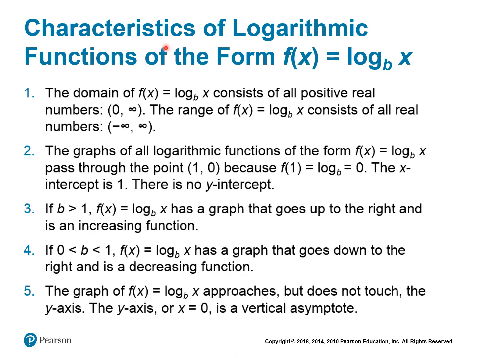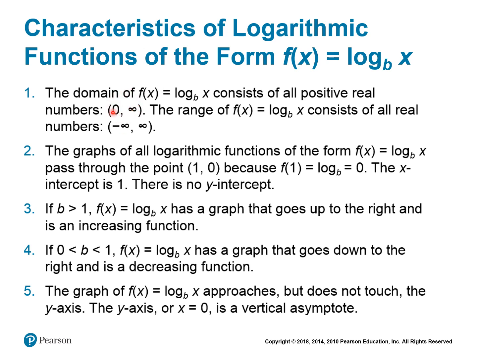Now that we've made some observations of the graph of logarithmic functions, let's put together some characteristics of logarithmic functions as well as that of their graph. First, we talk about the domain. The domain of a logarithmic function consists of all positive real numbers starting immediately after 0 all the way to positive infinity.